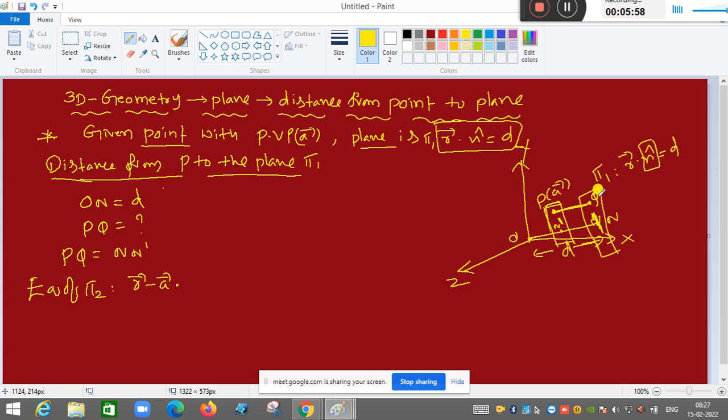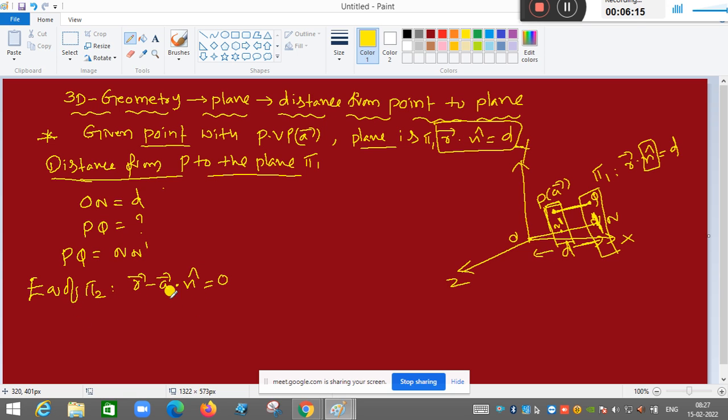Since the second plane is parallel to the first plane, n cap is also perpendicular to the second plane. So we can write the equation of the second plane as (r bar minus a bar) dot n cap equal to 0.